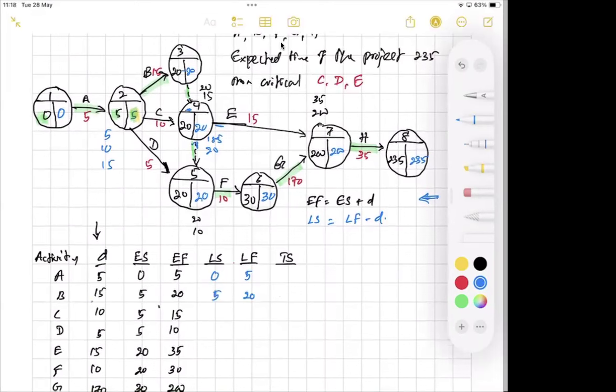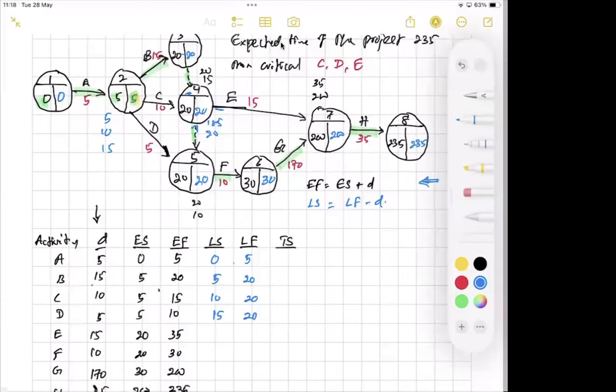Activity C, head event is event number 4. Right hand side value is 20. 20 minus 10, 10. Activity D, head event is event number 5. Right hand side value is 20. 20 minus 5, 15. Activity E, head event number is 7. The right hand side value is 200. Right. If you want to find out the late finish time, look at the head event and right hand side value. 200 minus 15, 185.